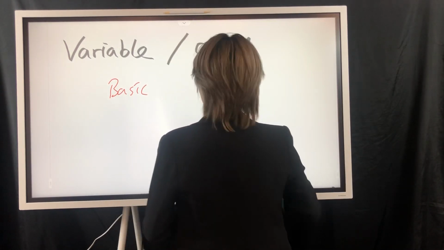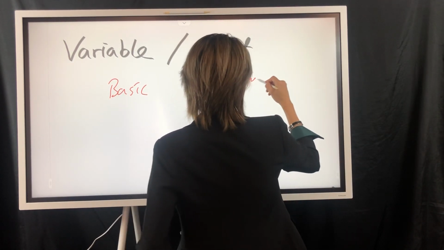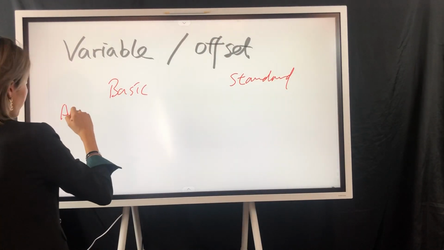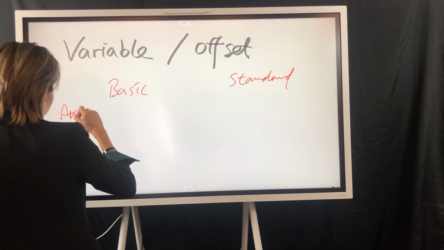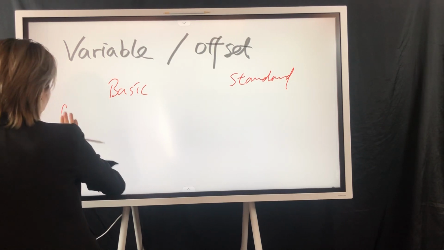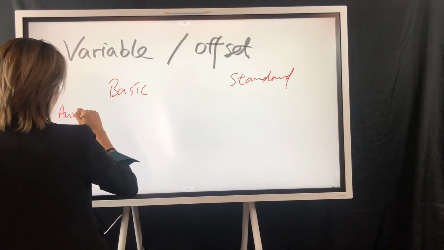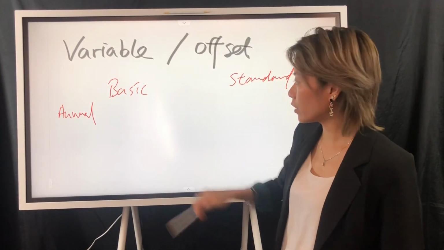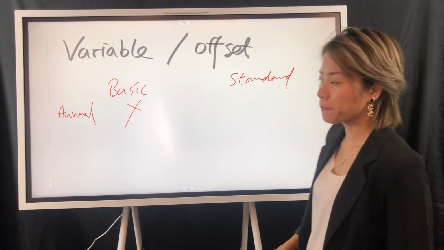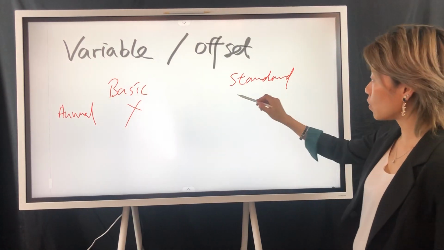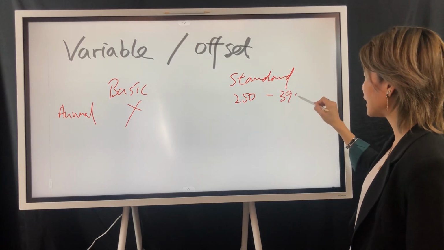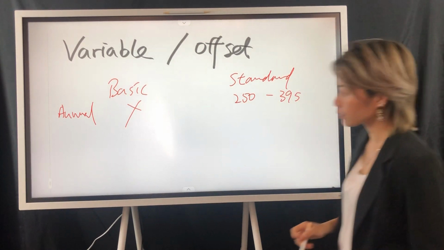And further detail with basic variable and standard variable. First of all, annual fee. Most of the basic variable loans do not have an annual fee. With standard variable, most lenders charge $250 to $395 per annum.